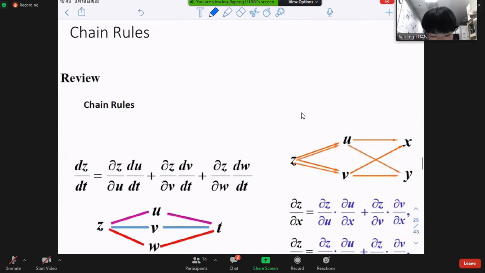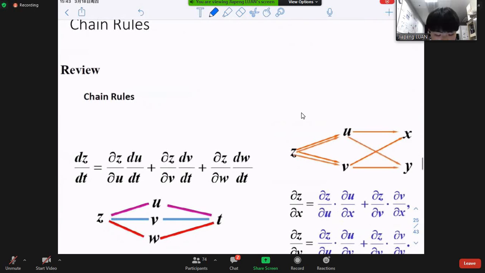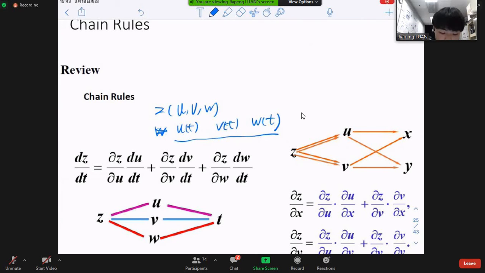And then this is about the derivative of a function, about the chain rule. Here is a way to memorize this chain rule easily. For example, if Z is a function of U, V, and W, and also U is a function of T, V is a function of T, and W is a function of T. You can actually draw a sketch like this.